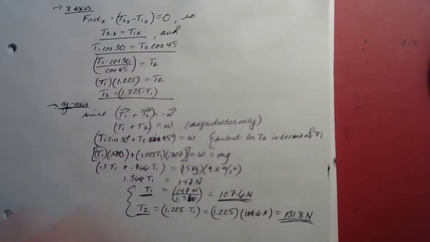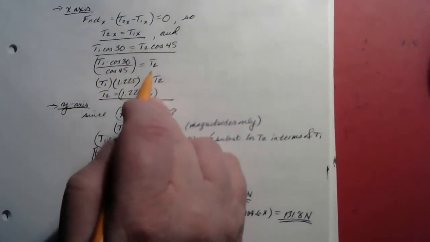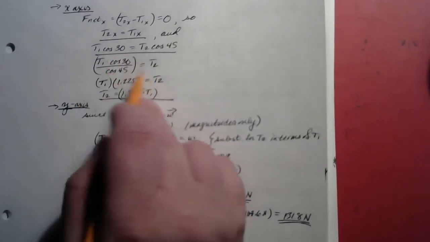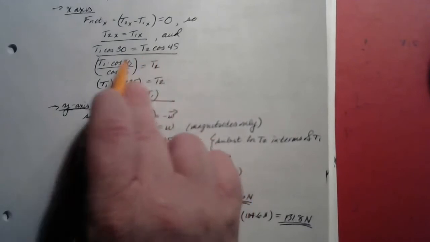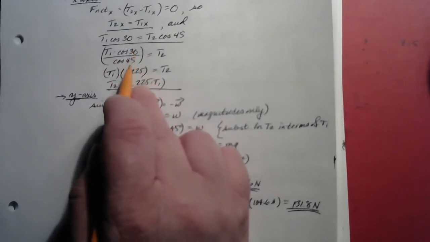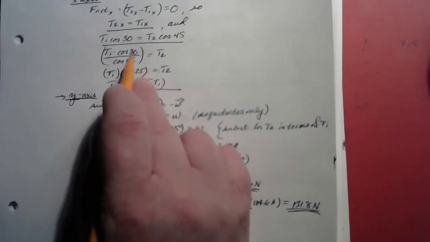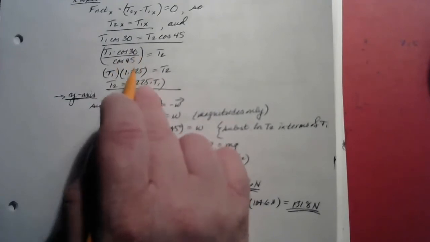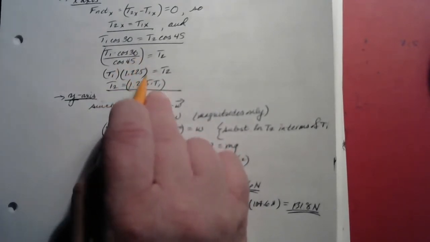And then if you just want to solve for T2 in terms of T1, you can just rearrange this equation, divide both sides by the cosine of 45, and you get T2 is equal to T1 times the cosine 30 over the cosine of 45. Those are numbers that you can calculate. So cosine 30 over cosine 45 is equal to 1.225.